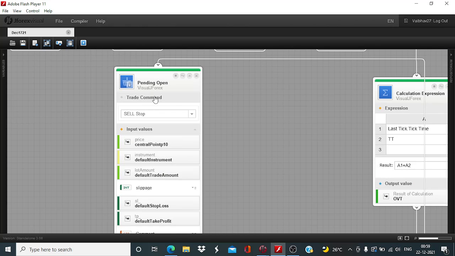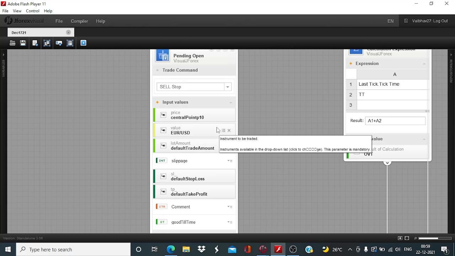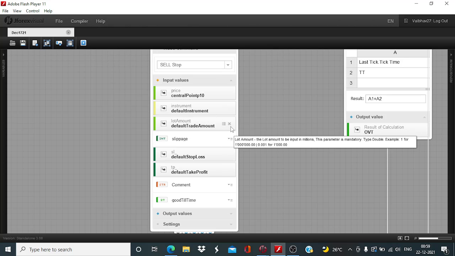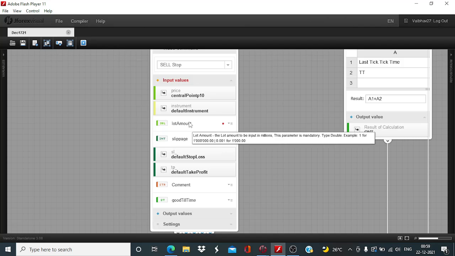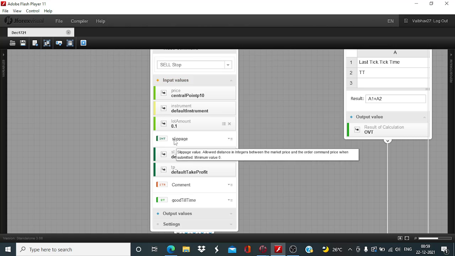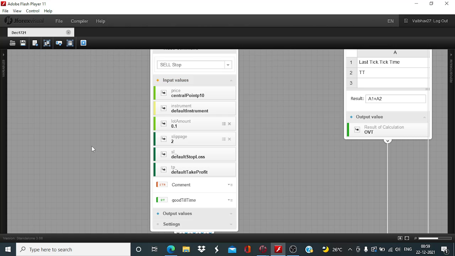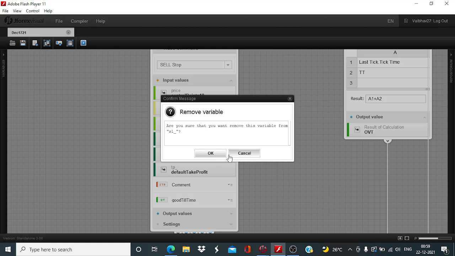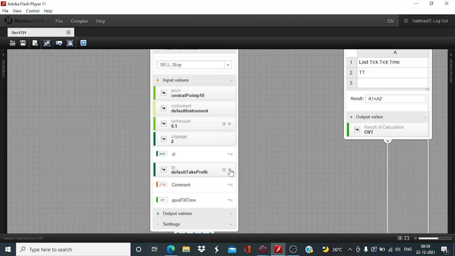After that comes in the default instrument, which is Euro USD. Trade amount I will change to 0.1 million. Slippage this is good enough. Stop loss and take profit. We are working with the combination of risk reward of 1:2, and since we are dealing with the hourly time frame, I think a combination of 15 to 30 is good enough.